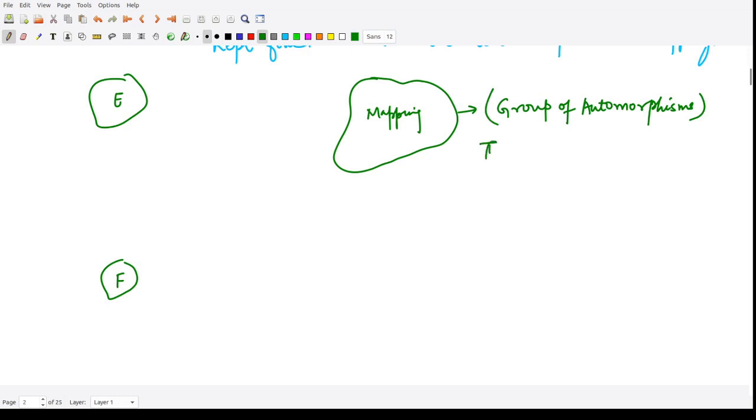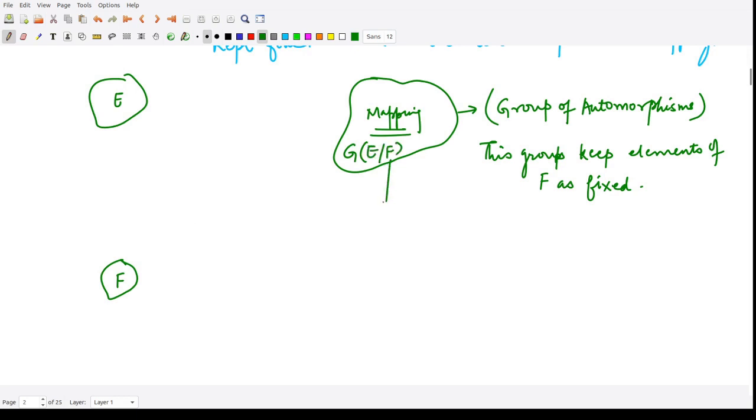This group keeps elements of F as fixed. That means the mappings which are present in this particular set or group, they are not changing any element of F. That means they act as identity over F. So in notation this is defined like this.